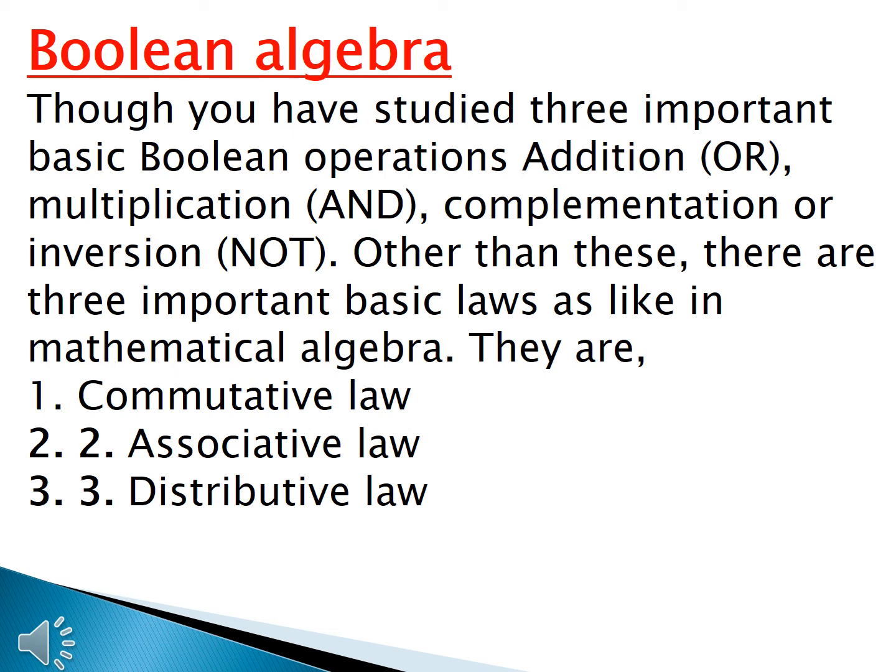Now the second law in Boolean algebra is the associative law. Associative law means A plus B plus C equals A plus B plus C, and we can see it by logic operation.